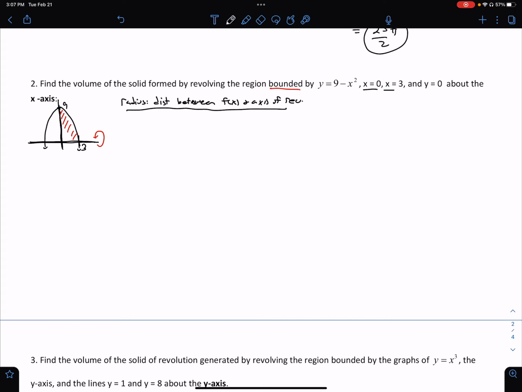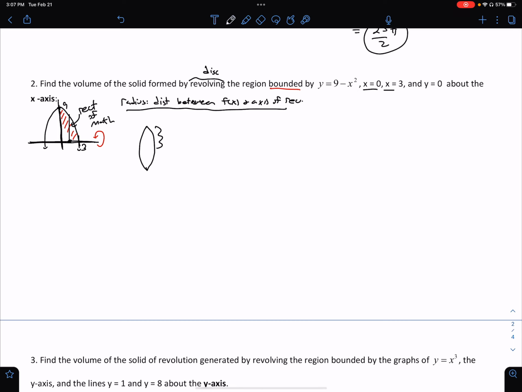So if I start at the axis of revolution, I measure up to the function, and there it is. There's our rectangle of math. When I revolve it, this is going to give a disk. So this is my disk method right here, and I'm going to draw my disk, like so.